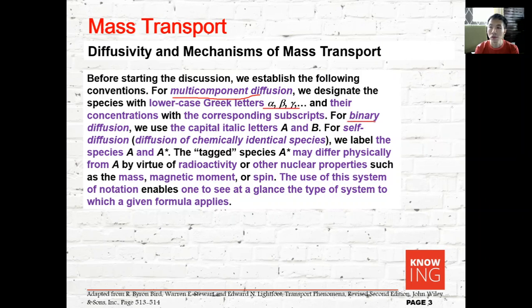For binary diffusion, on the other hand, we simply use two italic letters, A and B. For self-diffusion, we can label a species with a different symbol, here a tag. The A and the tagged A may differ physically by having, for example, a different mass, magnetic moment, or spin. So here we make it clear in terms of the notation.